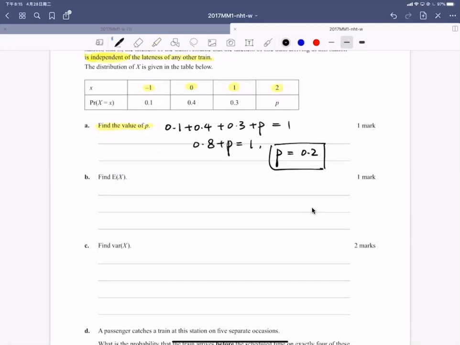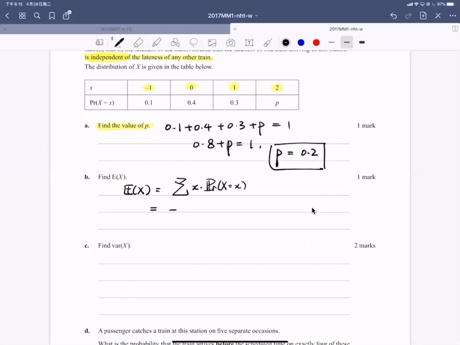So let's find E of x, the expected value. The expected value is summing up the products between x and each probability.